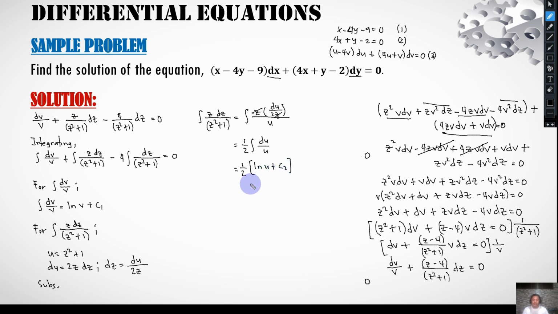Since our u is z squared plus 1, we can substitute, so this is equal to 1/2 ln of z squared plus 1 plus c2. Distributing each term, this is 1/2 ln of z squared plus 1 plus 1/2 c2.